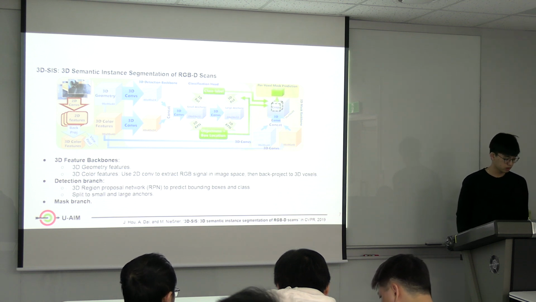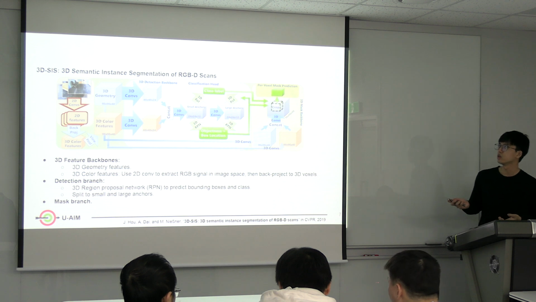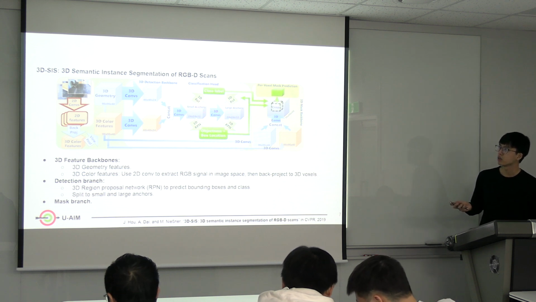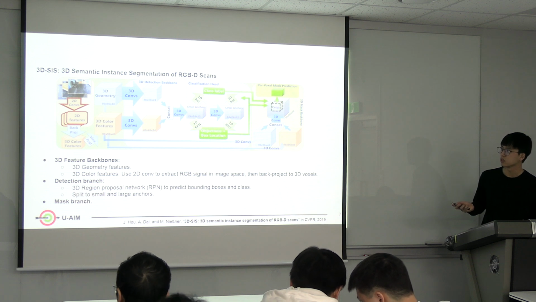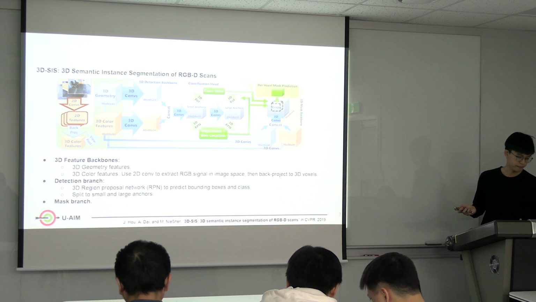Like I said before, because they use bounding boxes, they need additional losses like the bounding box loss, which is the regression loss about the bounding box location and the bounding box size.